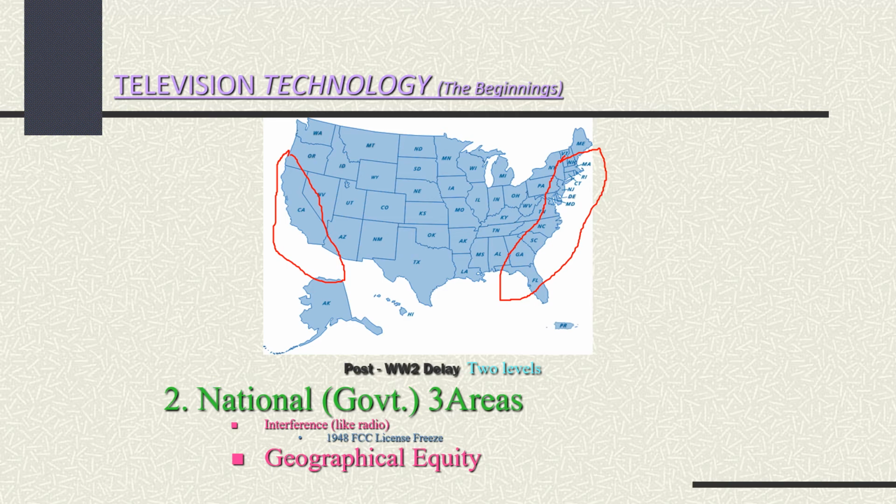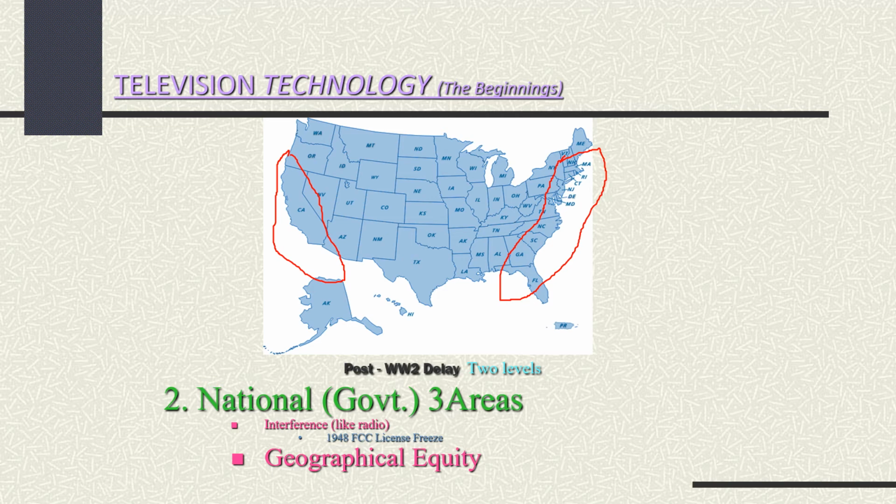Why these particular areas of the United States? Population. New York City, Washington, D.C., Philadelphia, Boston, these are all large eastern population centers, whereas Los Angeles, San Diego, San Francisco, these are large West Coast populations.